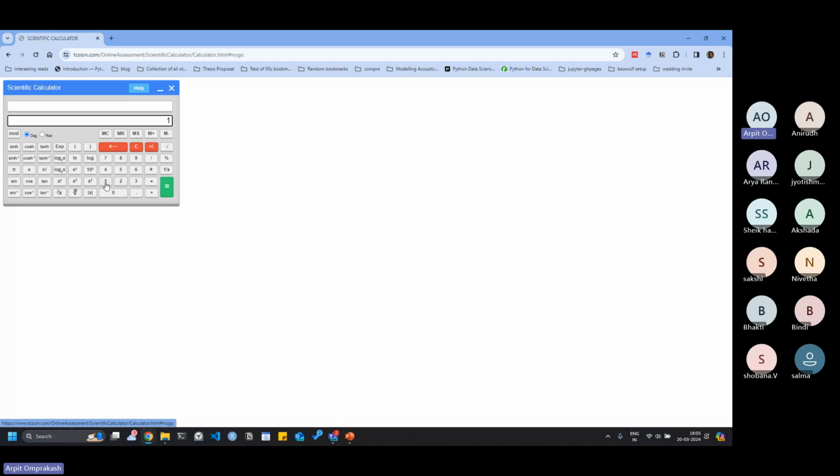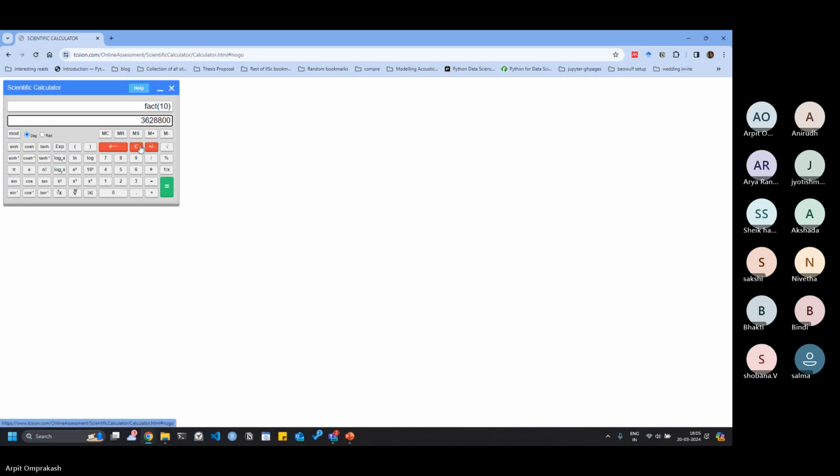So let's say you want to do some simple things, you can do it like this. C is basically for clear. Then you have these trigonometric functions and some constants like pi, e. You can use this to get factorial. For example, if I type 10 and press this, it's basically 10 factorial, and it gives me the answer of 10 factorial.